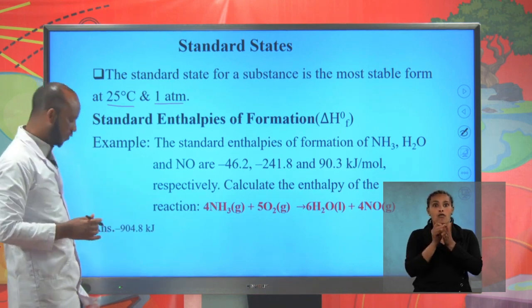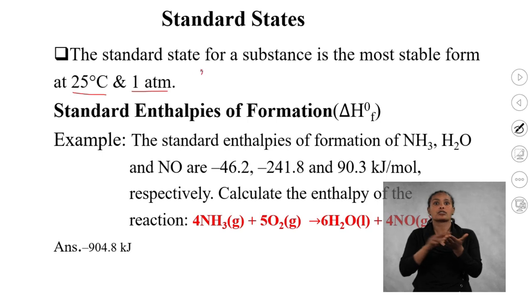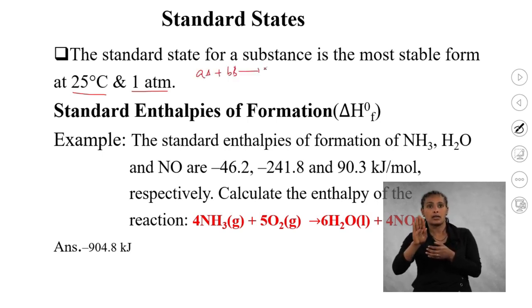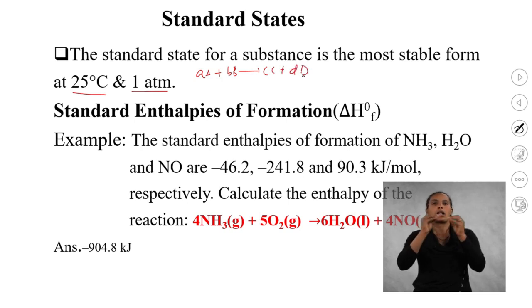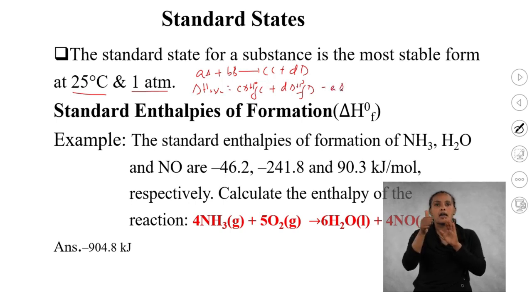For reactions of the type aA plus bB to form cC plus dD, the change in enthalpy delta H of the reaction equals c times delta H naught formation of C plus d times delta H naught formation of D minus a times delta H naught formation of A minus b times delta H naught formation of B.